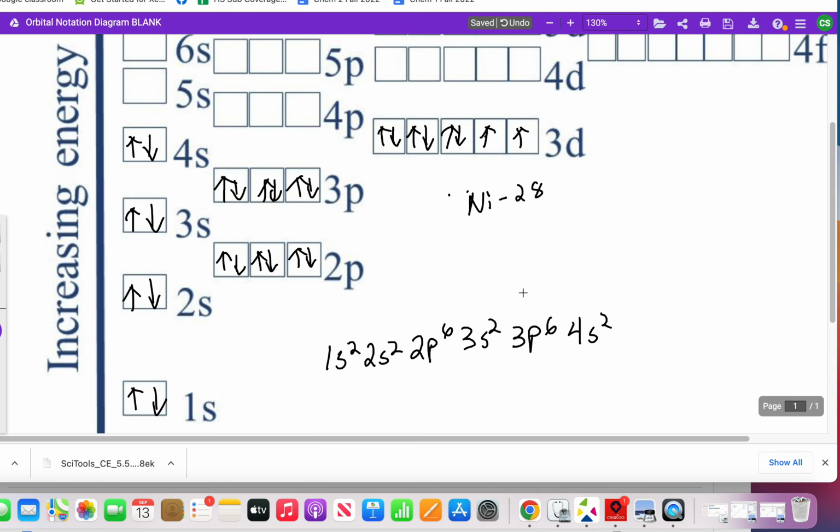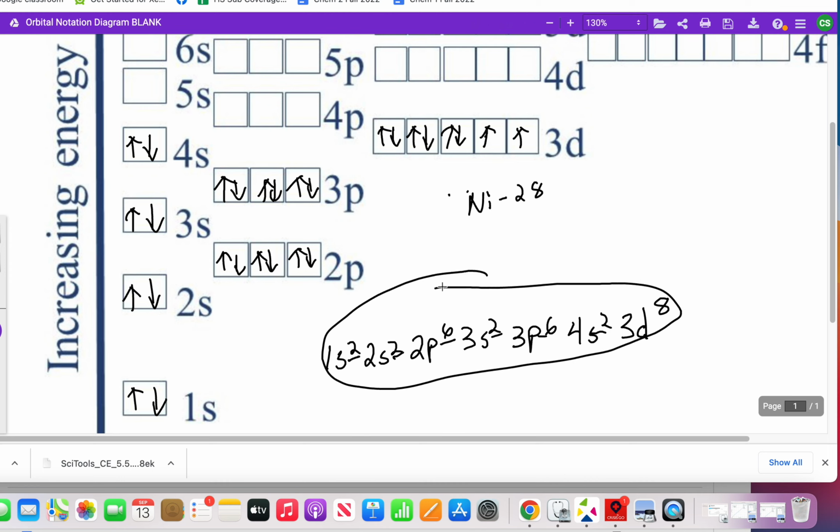Notice how the 4s comes before the 3d because it's lower in energy. 3d8. Okay, that's it. Now if I add all the exponents together, it should add up to 28. If you count them up, there's 20 and 8. That equals 28, so that is correct.